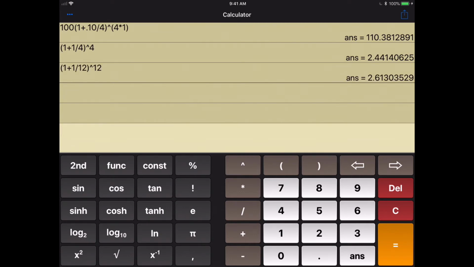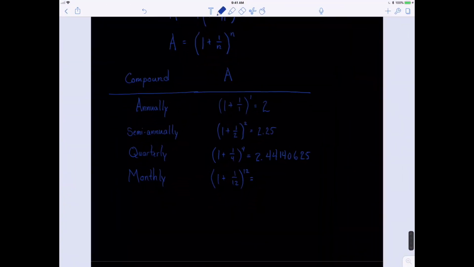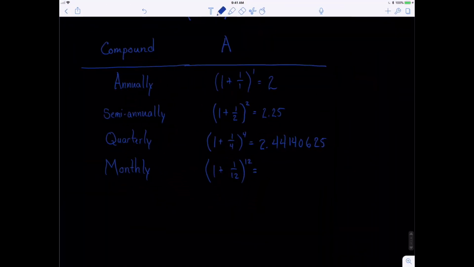Look at that, 2.613033529. Wow. Okay, it looks like it was definitely worth getting monthly compounding. So let's write that down. And if our screen continued out, we'd have even more decimals. So let's put dot dot dot after these.